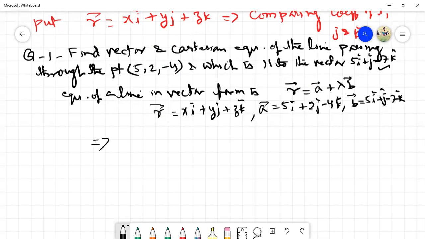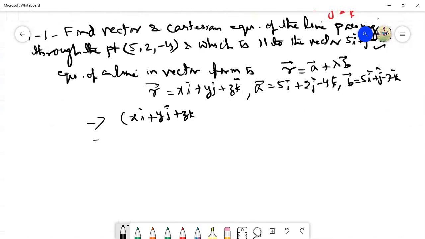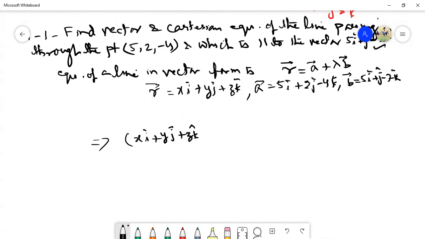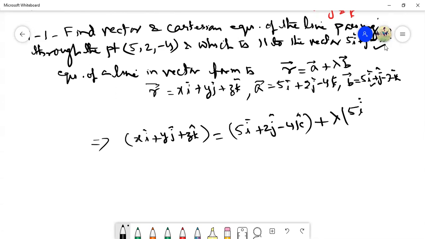Substituting these values, we get vector r, xi plus yj plus zk, is equal to vector a, 5i plus 2j minus 4k, plus lambda times vector b, which is 5i plus j minus 7k. This is the answer in vector form.